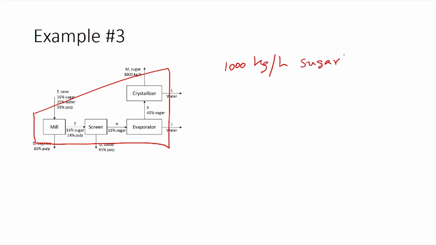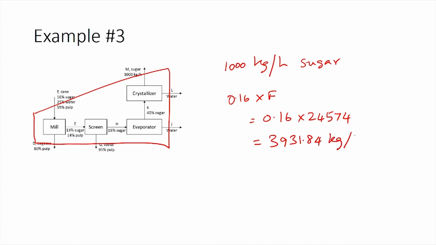The amount of sugar which is fed into the system through the stream F would be 0.16 times F, which is 0.16 times 24,574. This gives you a value of 3,931.84 kilograms per hour.